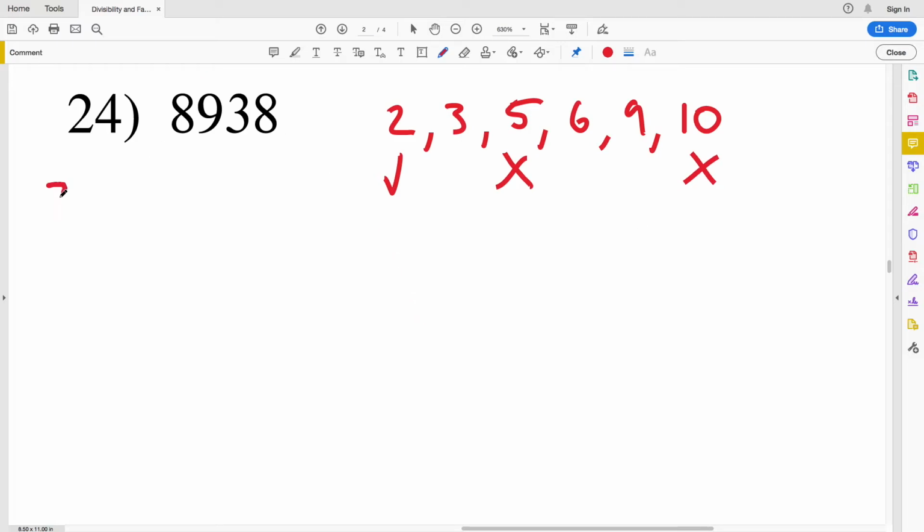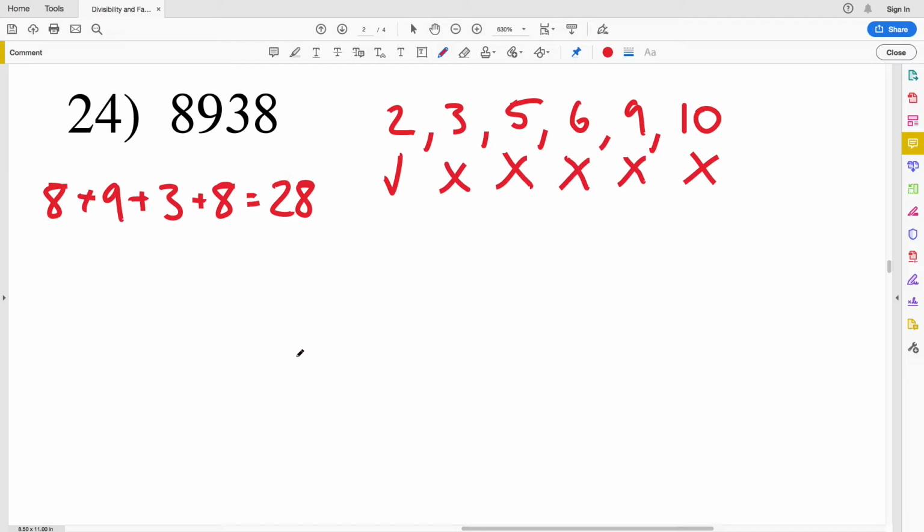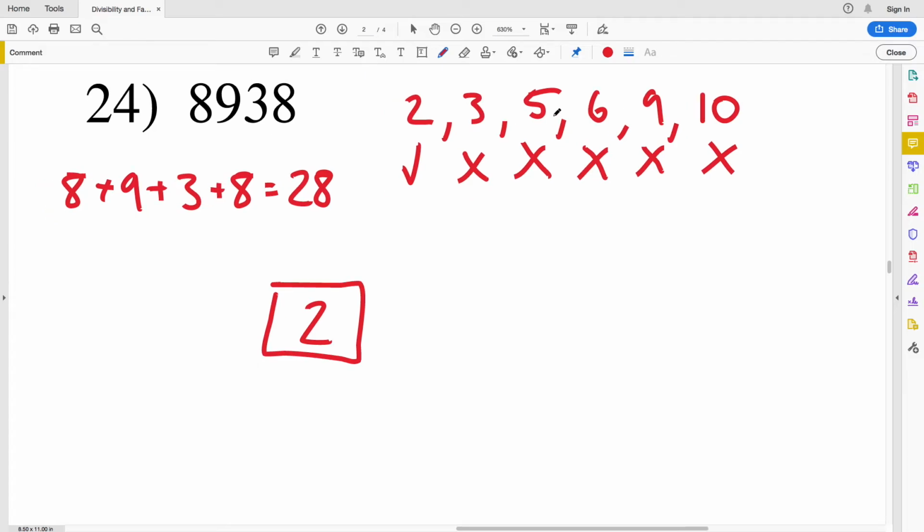Now let's sum those numbers. 8 plus 9 plus 3 plus 8. 8 plus 9 is 17, 17 plus 3 is 20, and 20 plus 8 is 28. 28 is not divisible by 3, therefore we're not divisible by 6 or 9. So in number 24, the only factor from our list is a 2. 3, 5, 6, 9, and 10, none of those are factors. Again, just 2 is our answer.